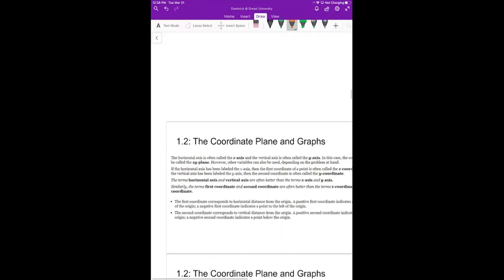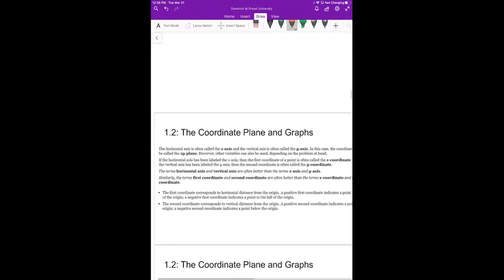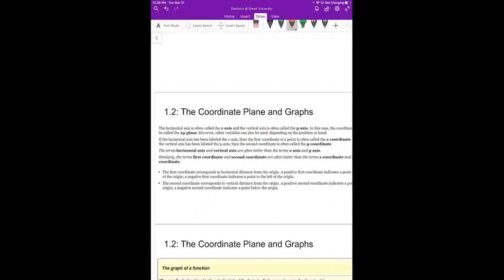Okay, so these are just some notes about the coordinate plane that we've really already mentioned. This is telling us that the choice of using x, y is not set in stone. You could use something like t, comma, a, or m, comma, n, whatever the particular problem suggests.